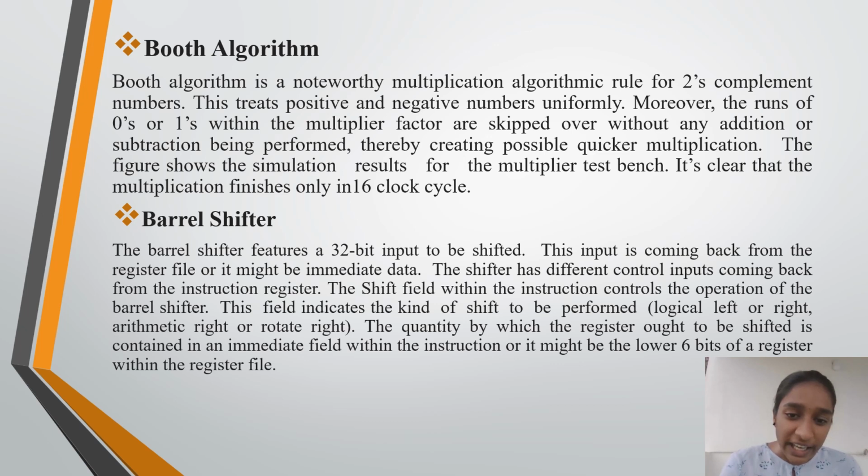This field indicates the kind of shift to be performed: logical left or right, arithmetic right, or rotate right. The quantity by which the register is to be shifted is contained in an immediate field within the instruction, or it might be the lower 6 bits of a register within the register file.